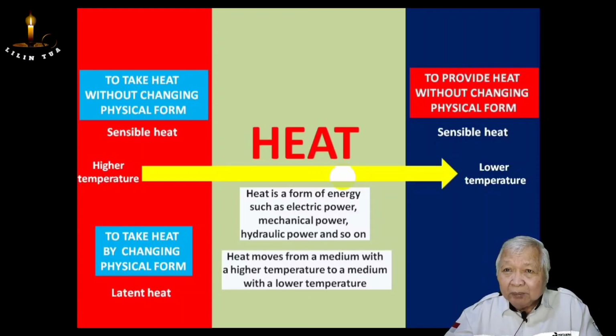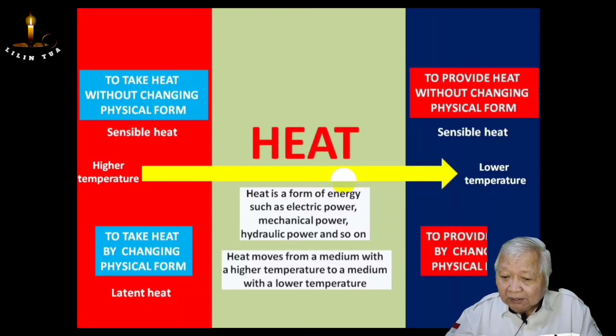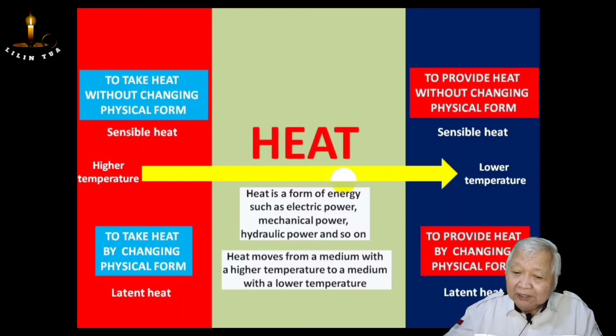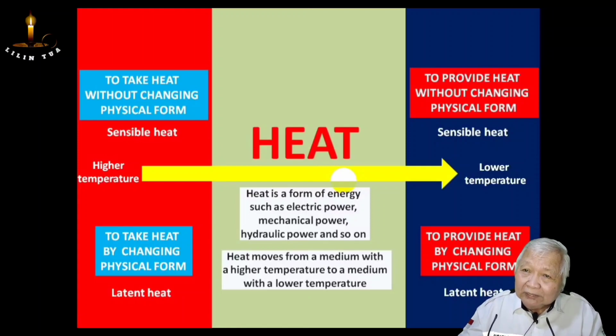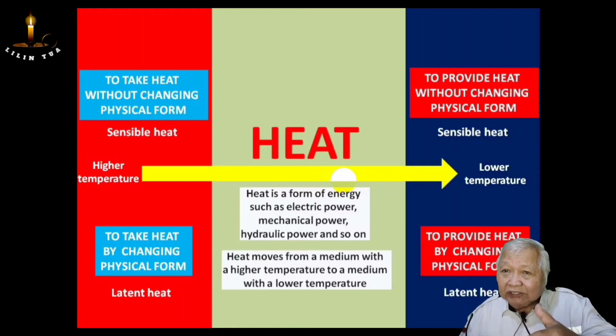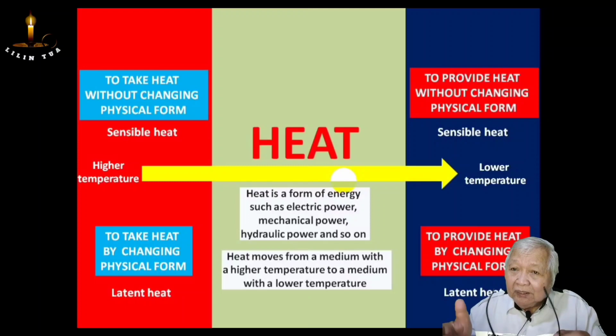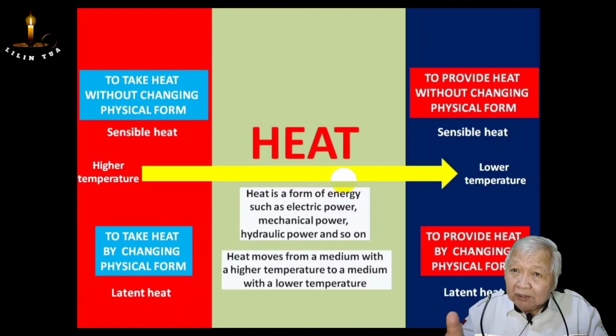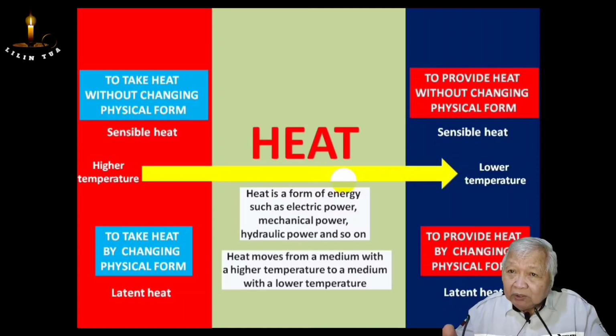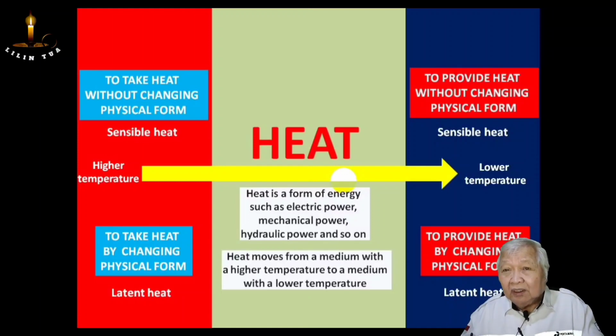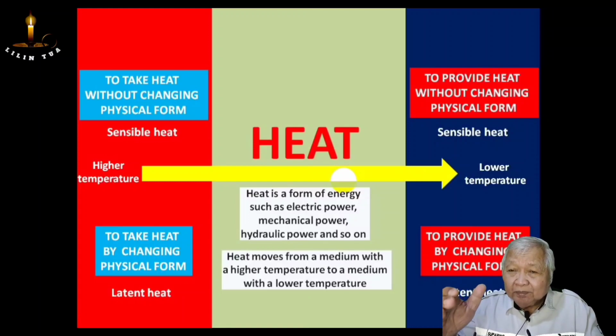And the second process is called latent heat, in which the material only changes its physical form without a change of temperature. So the temperature is still the same, but the physical form is changed.